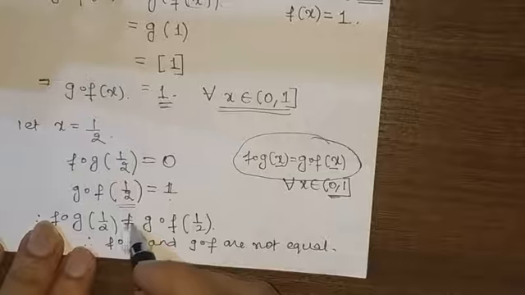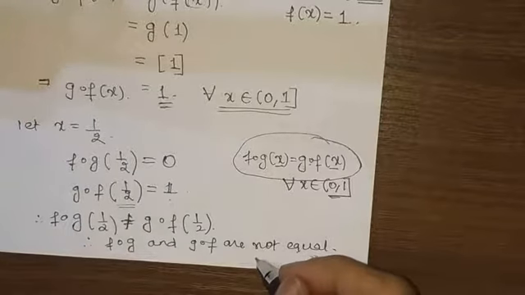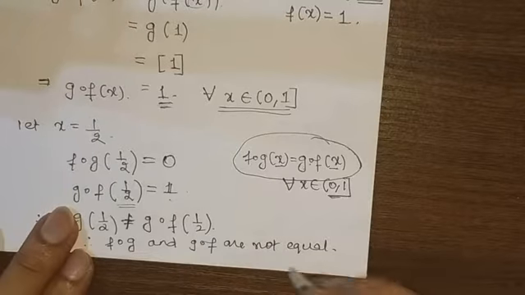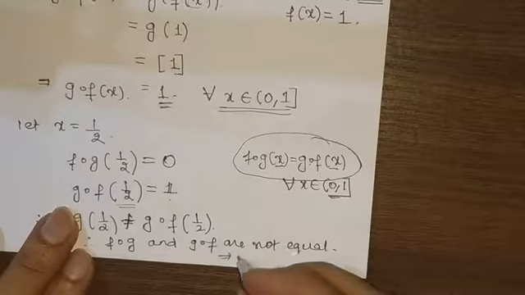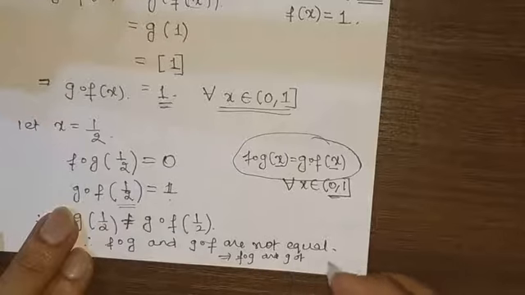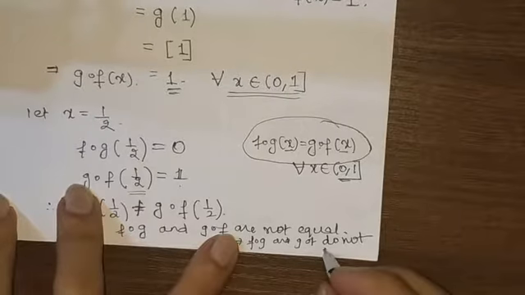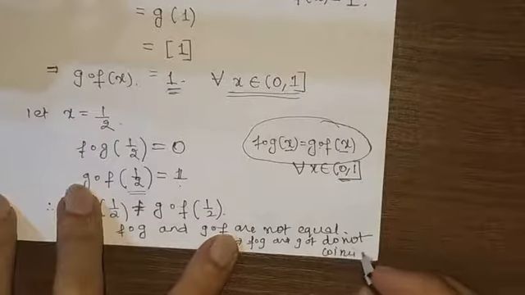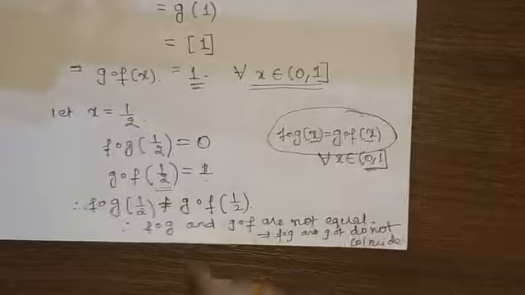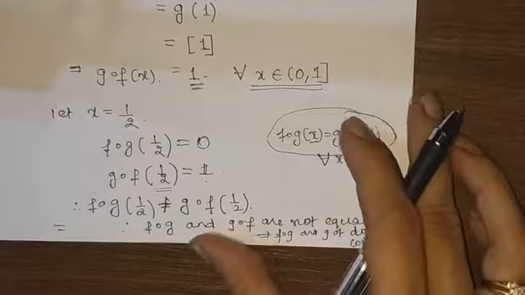We are not getting equal. So therefore f composition g and g composition f are not equal. They do not coincide. Okay, so that was the problem number 18.